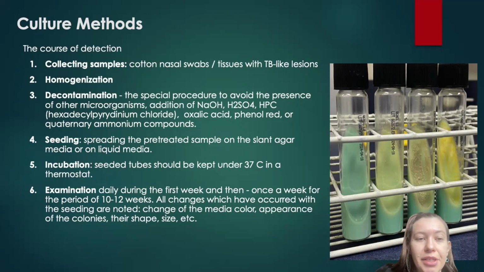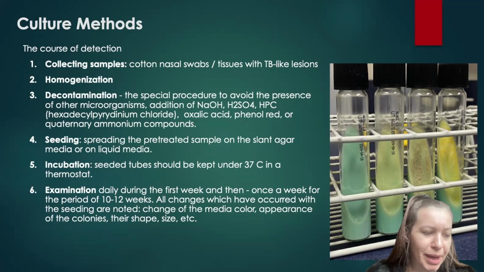The second stage is homogenization of the sample, which is followed by decontamination. It is the special procedure used to avoid the presence of other microorganisms. Usually, decontamination involves the addition of various chemical compounds and incubation for several minutes.